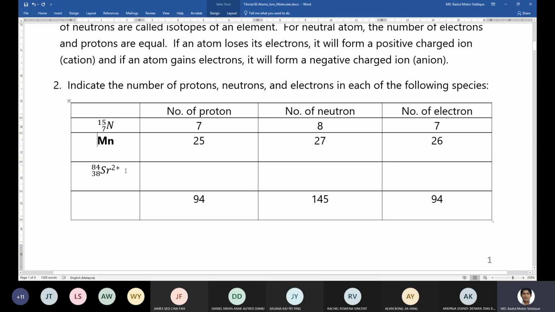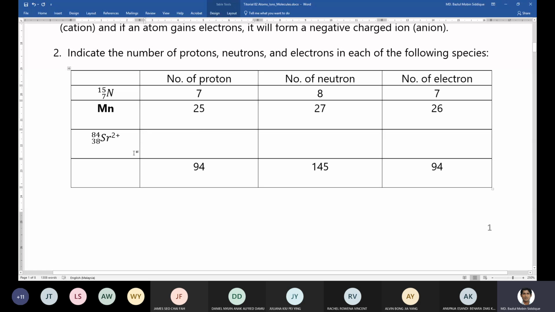We have to write this 25 here on the lower side. 25 protons and 27 neutrons together is 52 on the top left side. It is carrying more electrons than protons, so 25 protons, 26 electrons. It has 1 extra electron, so it will be negatively charged. 1 negative charge.